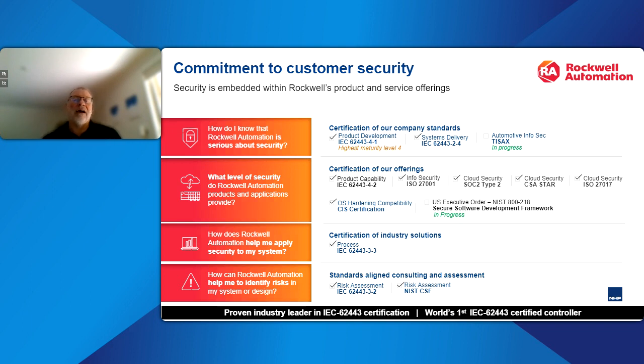But if you're a system delivery organisation, there's a whole lot of stuff like 2-4 and some other areas like 3-2 that are about delivering a secure system. So I see sometime in the future people delivering cybersecurity systems will have to have mandatory certification to be able to deliver certified systems.